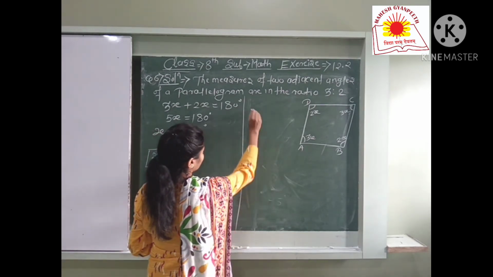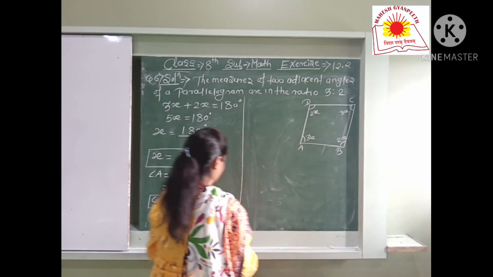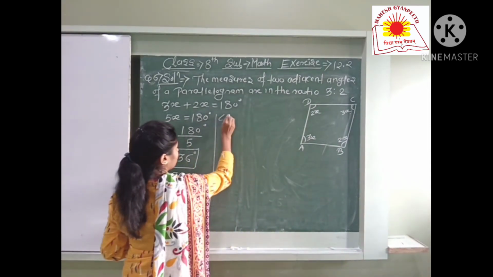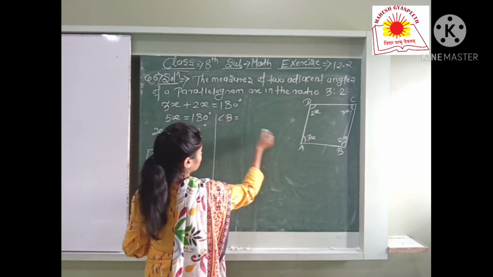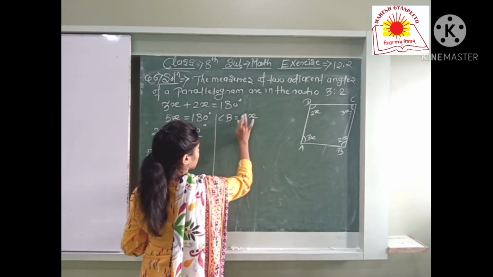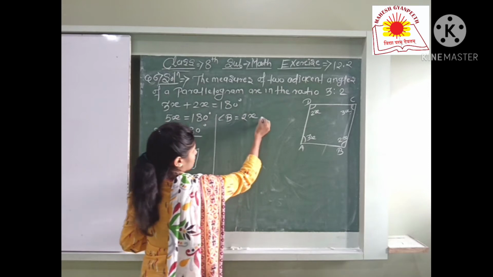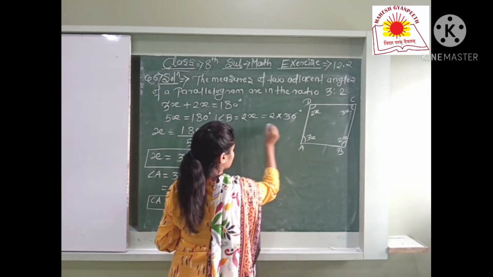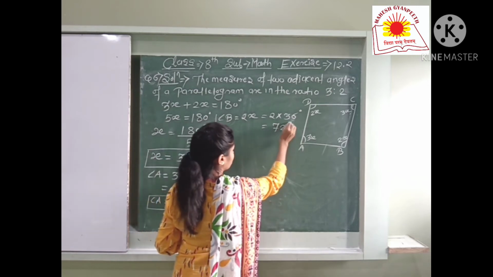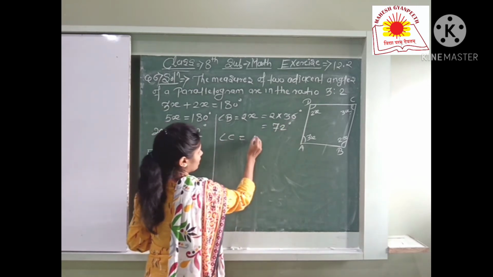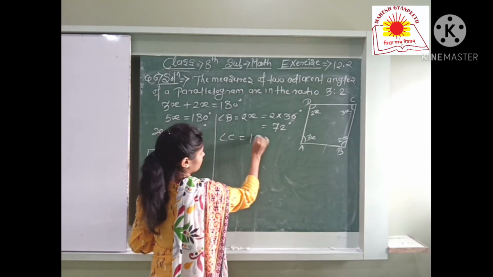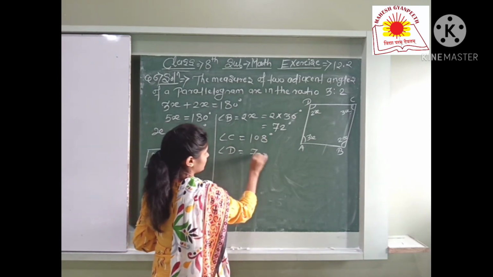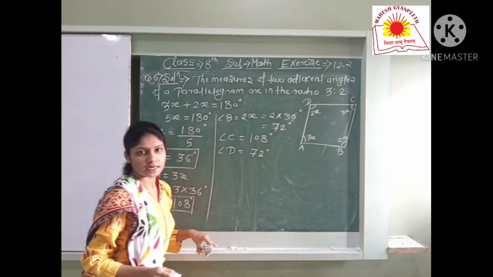Now angle B is 2x, which is 2 multiplied by 36, that is 72. Angle C is again 3x, so directly I write 108. Angle D is again 2x, which is 72 degrees. This is the type we have to solve.